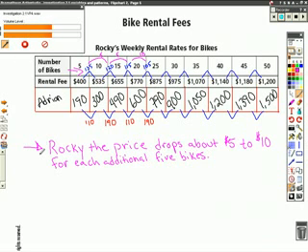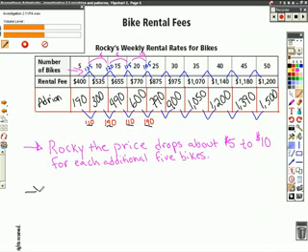Now for Adrian, you can see it fluctuates between 110, 190, 110, 190. Okay?